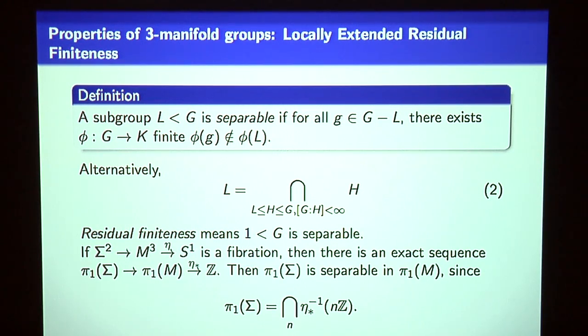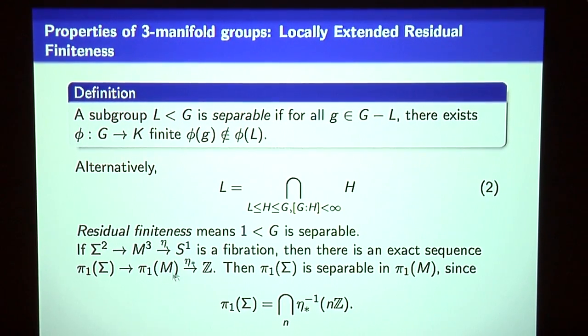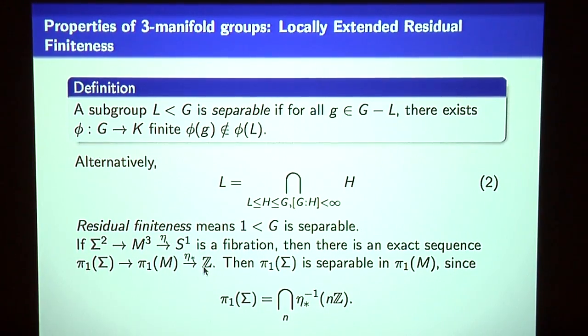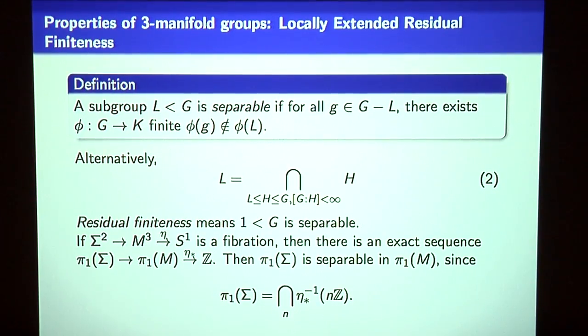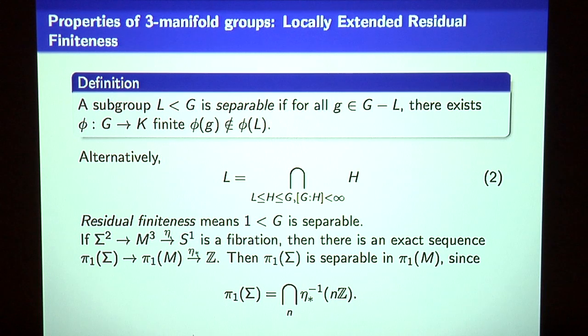Now, for example, if we have a three manifold that fibers over the circle like we were discussing yesterday, then there's a short exact sequence of groups: the fundamental group of the surface injects into the fundamental group of the manifold and surjects onto Z. Then this subgroup is separable in pi 1 M because we can write it in this form.